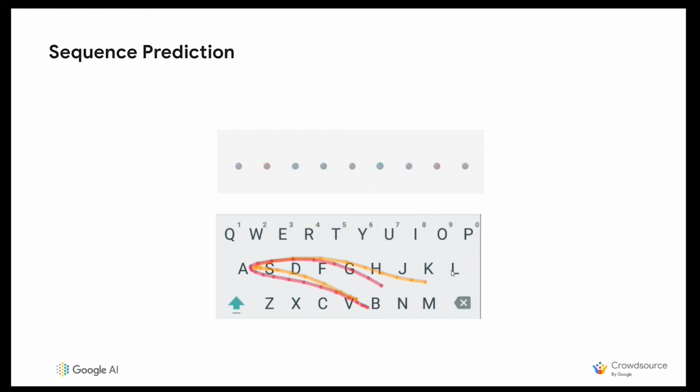Based on the sequence of letters that you scribble, it finds the words for that particular input. So this is more about predicting the particular word based on the sequence of letters or the path that you have taken.